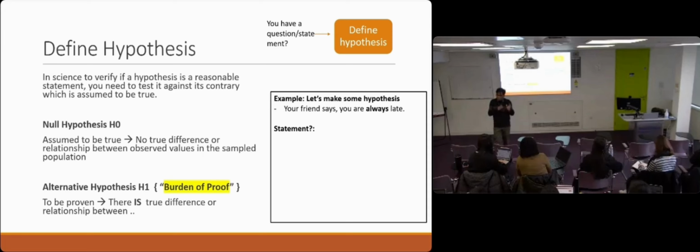He doesn't have to prove that he is innocent. You have to prove that I committed a crime, right? The burden of proof is on you, not on me. So same thing: when you make a statement, you have to prove that it is true against the known or assumed-to-be-true thing, right?